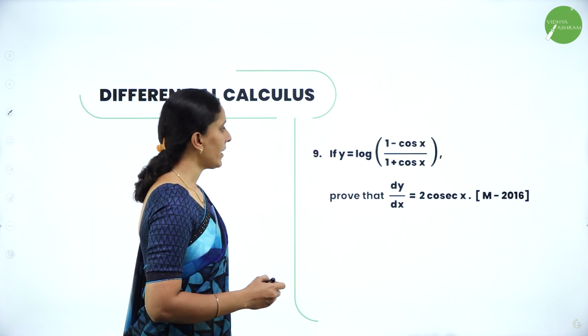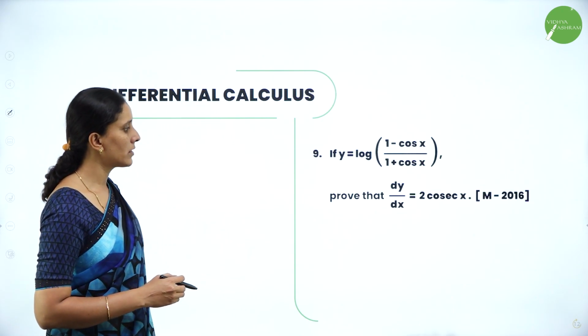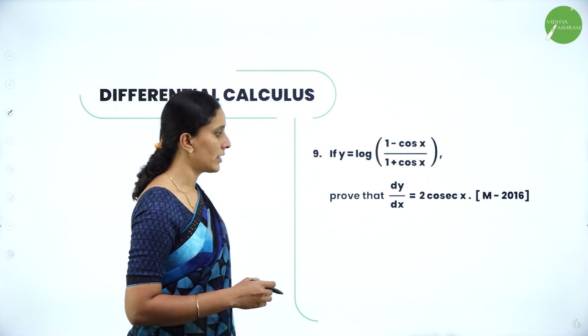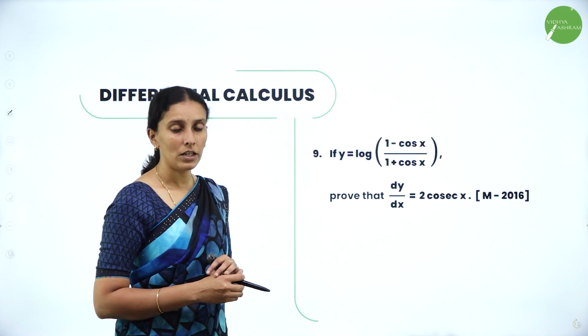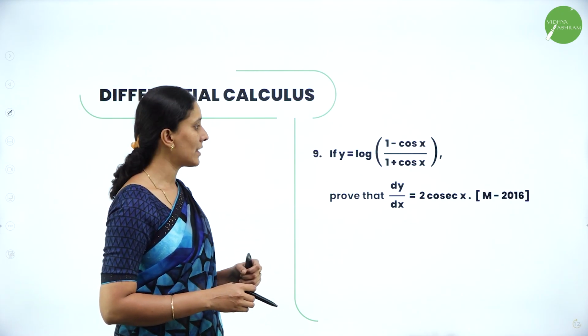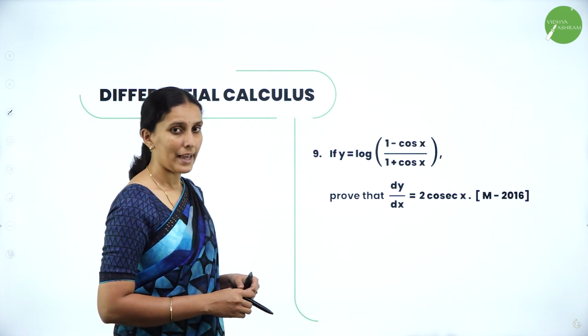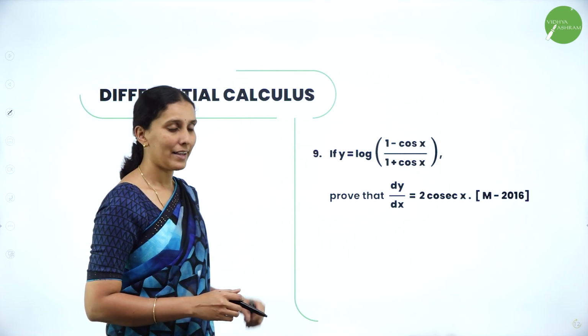Next, y is equal to log of 1 minus cos x divided by 1 plus cos x. Prove that dy by dx is equal to 2 cosecant x. So from the multiple angle formula, we can write 1 minus cos x as 2 sin square x by 2 and 1 plus cos x as 2 cos square x by 2.